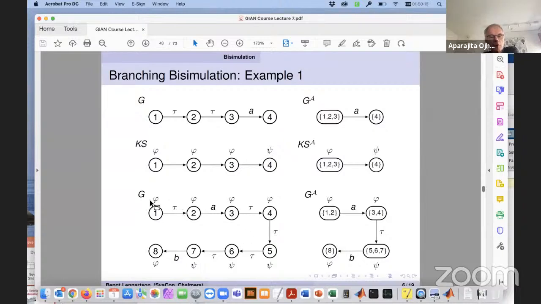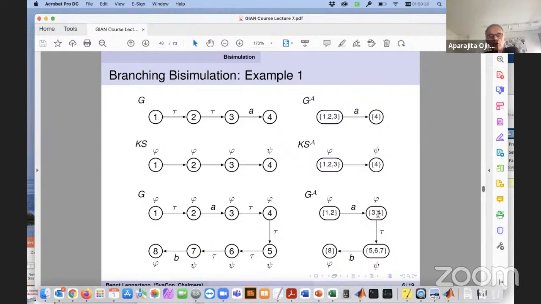Then we see here that you have a tau between 1 and 2, and they have the same state label, so they can be joined. Then comes a visible A, which means that must still be preserved in the abstracted model. But 2 and 3 and 4 can also be joined because they have the same state label.